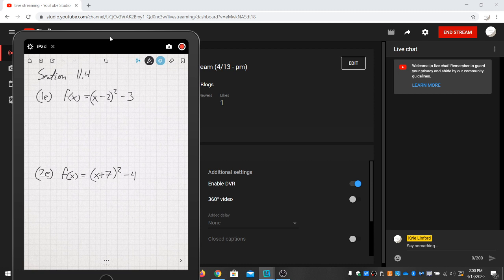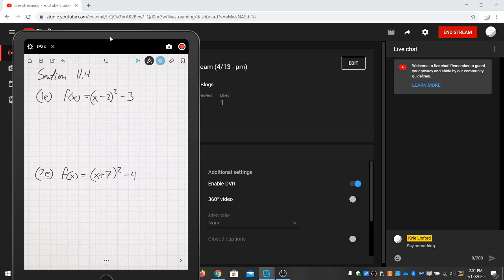So in section 11.4, you were using Desmos graphs to play around with manipulating functions. You manipulated the parent function. You would add or subtract values to the x, and then you would add or subtract values to the whole x squared value, and then you would see what would happen.